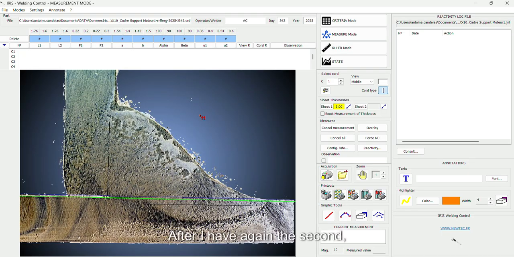Then I have the second, I have to measure it. I have done it. After, I am linked, I can measure the length of the first chord. I measure it. It starts from there to there. After, I am linked, I measure the length of the second sheet.